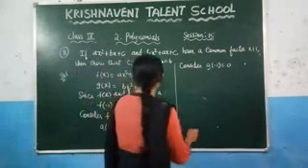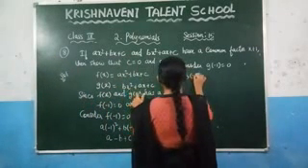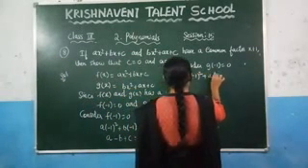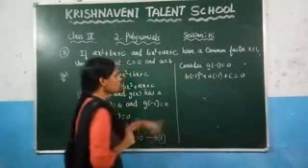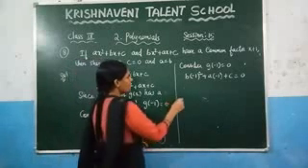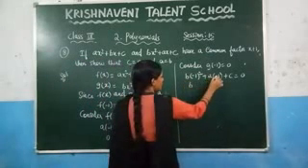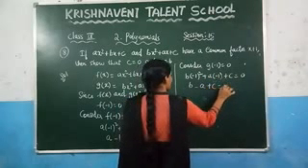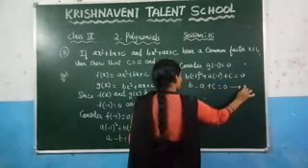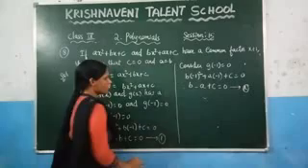So after substituting, you get b into minus 1 whole square plus a into minus 1 plus c is equal to 0. Minus 1 whole square is 1, and 1 into b is b. Similarly, a into minus 1 is minus a, and plus c is equal to 0. Let us consider this equation as 2 and the earlier equation as 1.